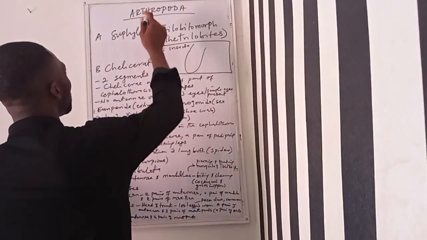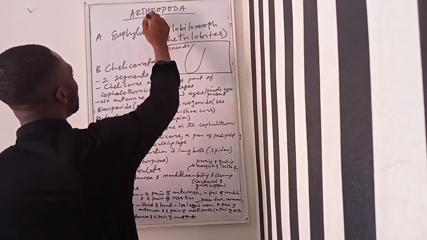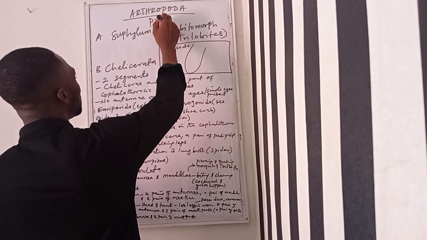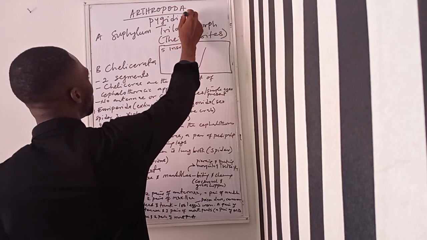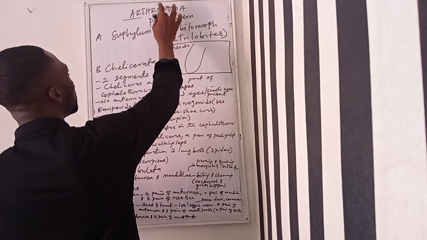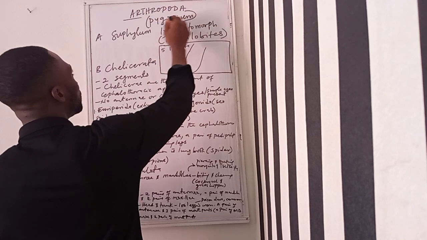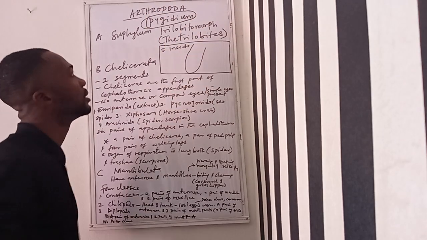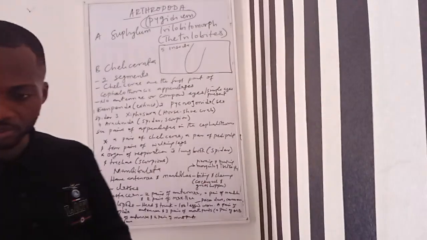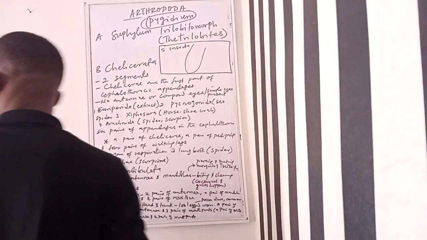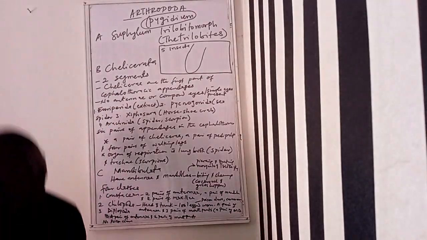This reduced abdomen is called the pygidium. An example is Dalmanites socialis.